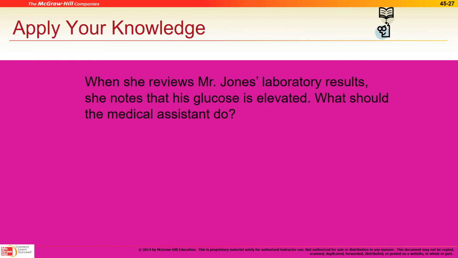The doctor received Mr. Jones' laboratory results. She notes that his glucose is elevated. What should the medical assistant do?